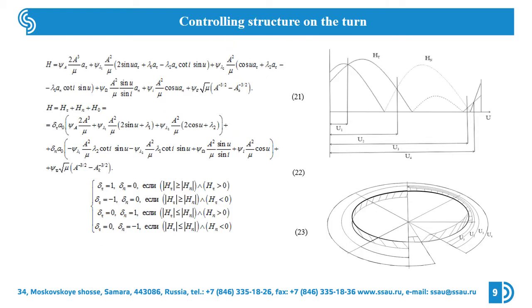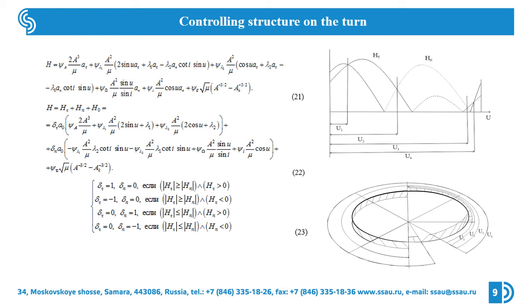To determine the optimal control structure on the turn, we will solve the problem of the shortest flight duration. Following the maximum principle, it is necessary to select such coordinates of the switching points of the engine u_e that deliver the maximum to the Hamiltonian.